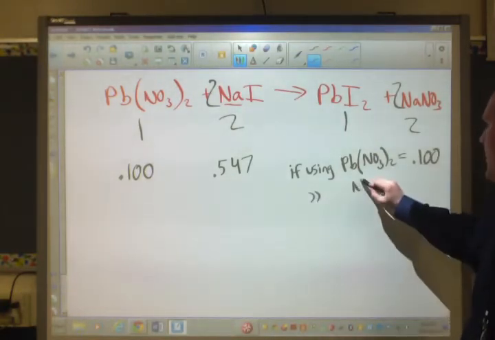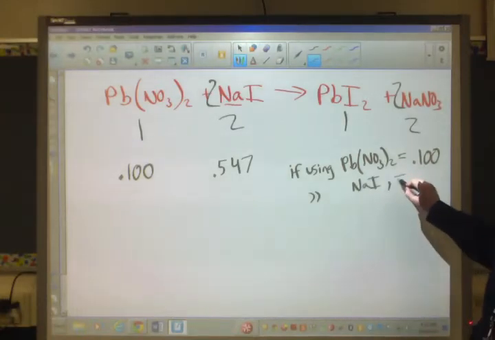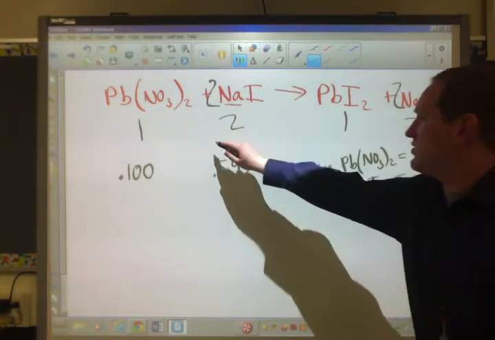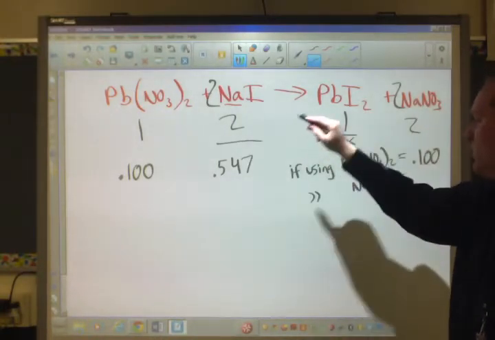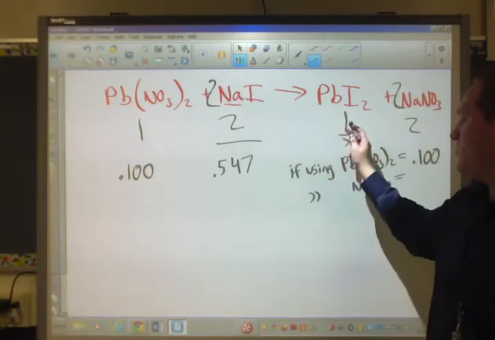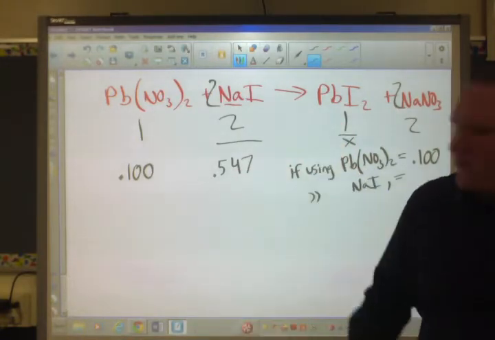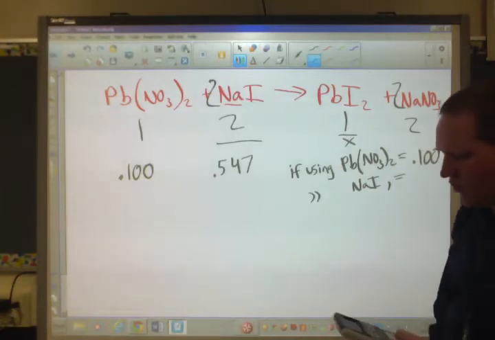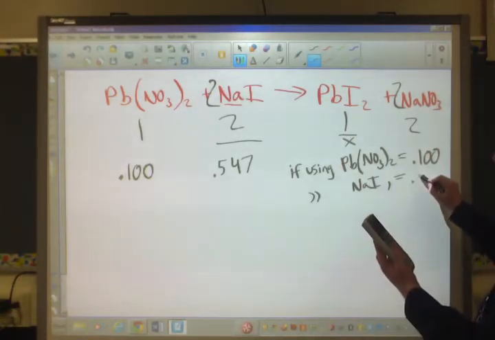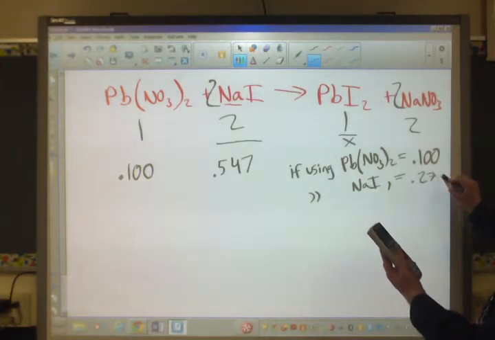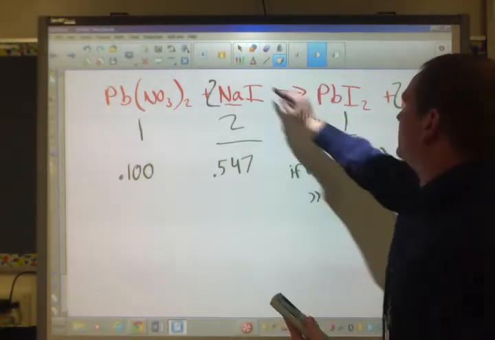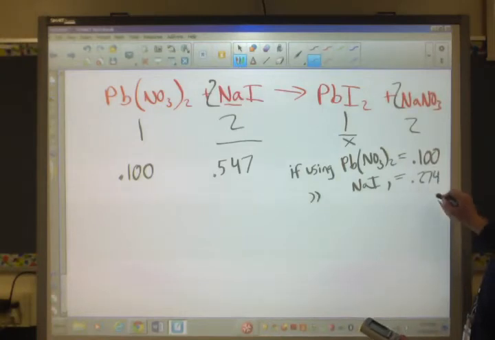If you're using NaI, see how much we get. 2 over 0.547 equals 1 over x. Cross multiply, 0.547 equals 2x, so this divided by 2 gives us x. 0.547 over 2 equals 0.2735. I'm going to round that off to 0.274 moles.